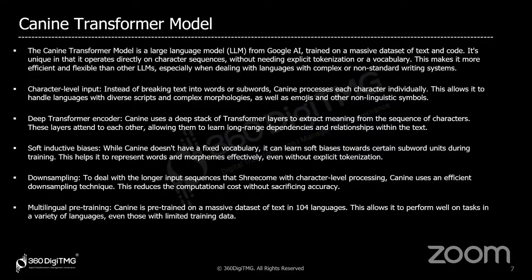Canine is pre-trained on massive datasets of text in 104 languages. This allows it to perform well on tasks in a variety of languages, even those with limited training data. Okay, so this is all about the Canine transformer model.